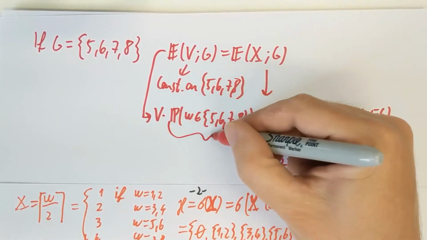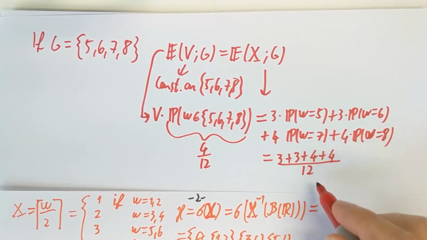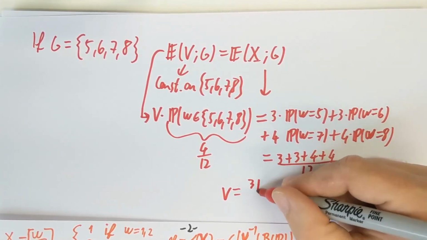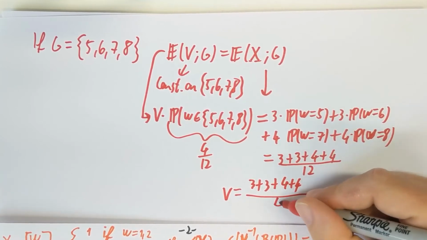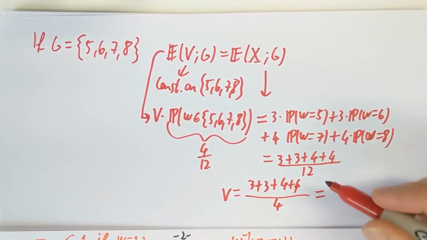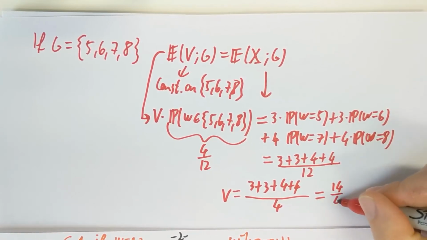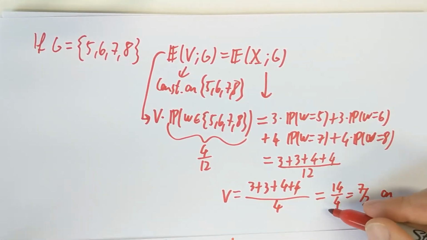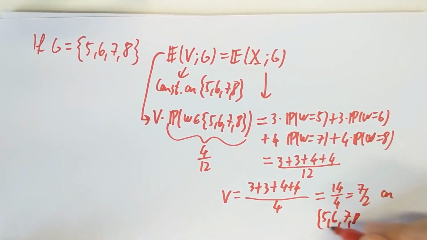Again, I solve this. This is 4 over 12. I solve again, and I get 3 plus 3 plus 4 plus 4 over 4, which is what? This is 14 over 4, or 7/2, on this set 5, 6, 7, 8.